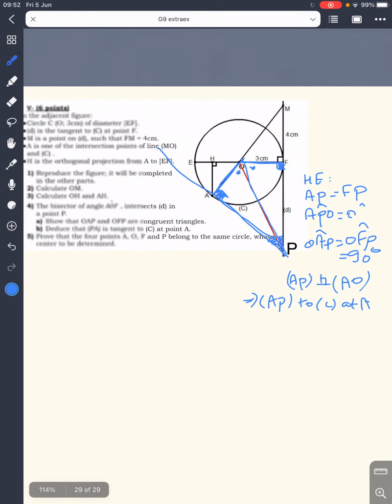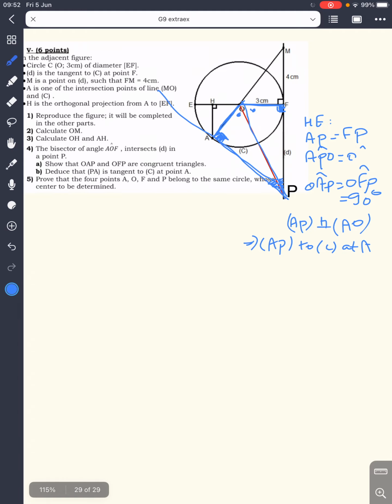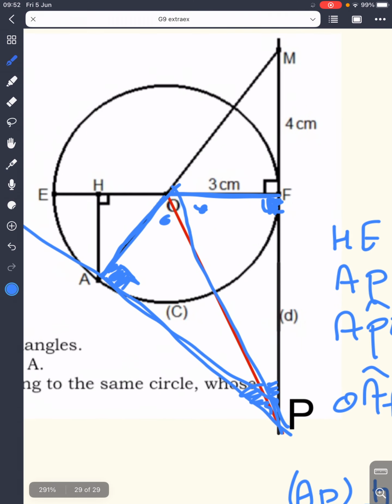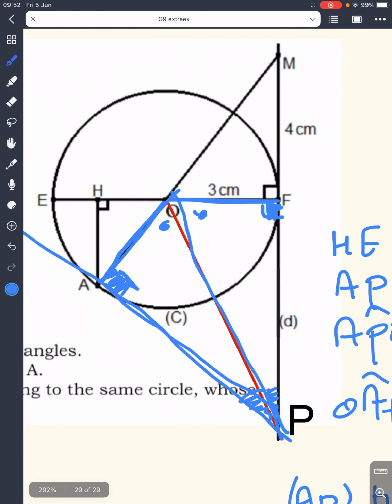Now the last part. Prove that the 4 points A, O, F, and P belong to the same circle whose center is to be determined. Again, look with me at the figure. AOP is a right triangle, so the midpoint, it's somewhere here. The midpoint of the hypotenuse is the center of the circle circumscribing triangle AOF.